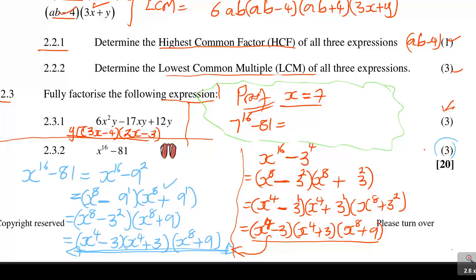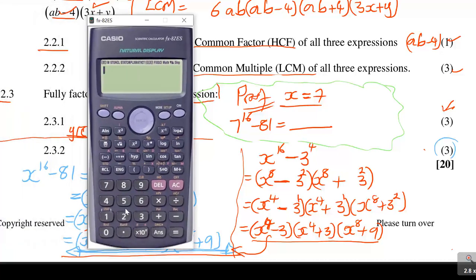You get your answer. Again, you go to your original where you are writing x to the power of 4. You will have your 7, and your 7. The answer that you get here must match the answer that you get there. So let us try it.